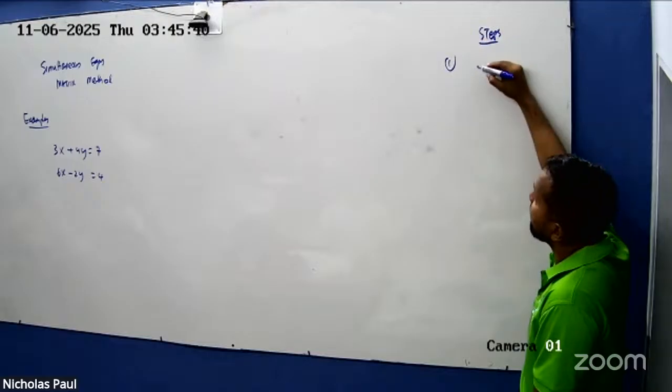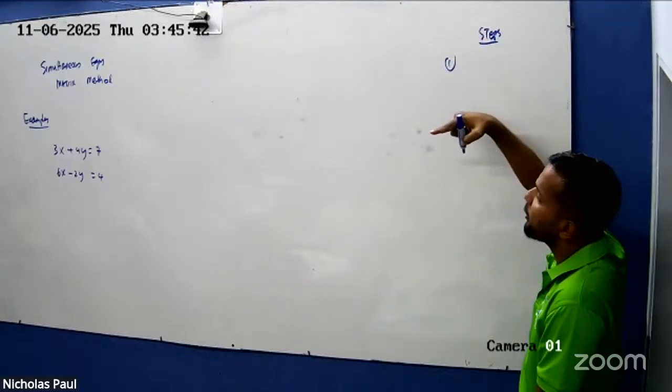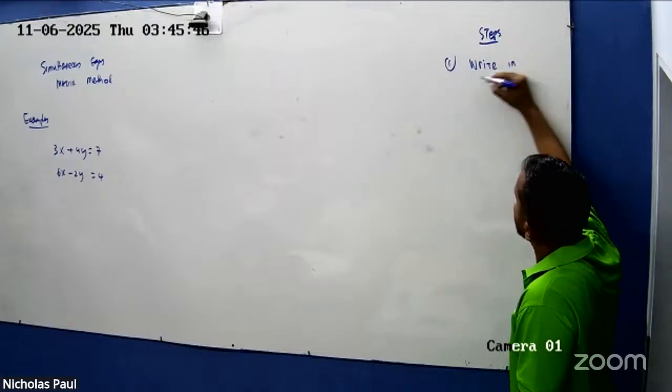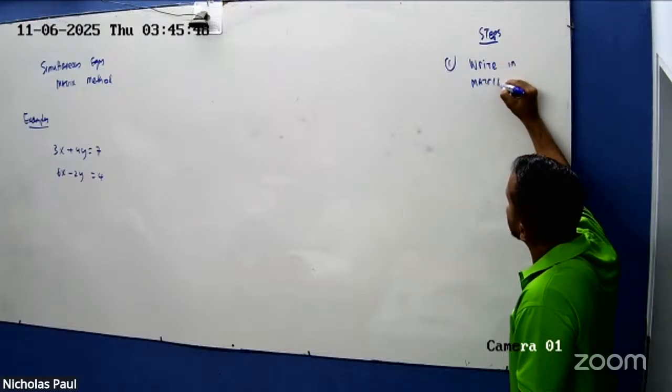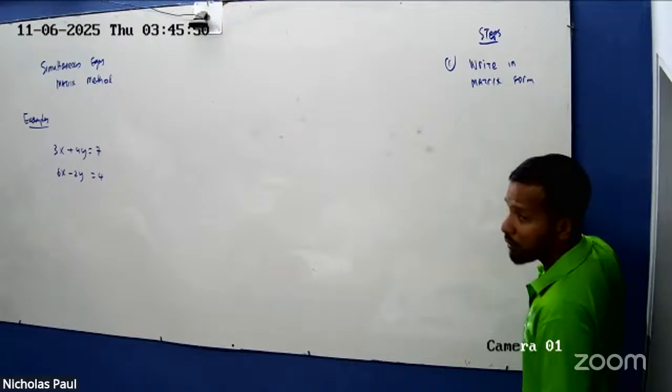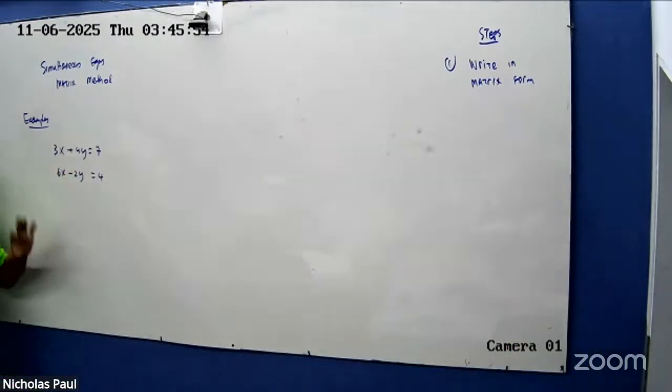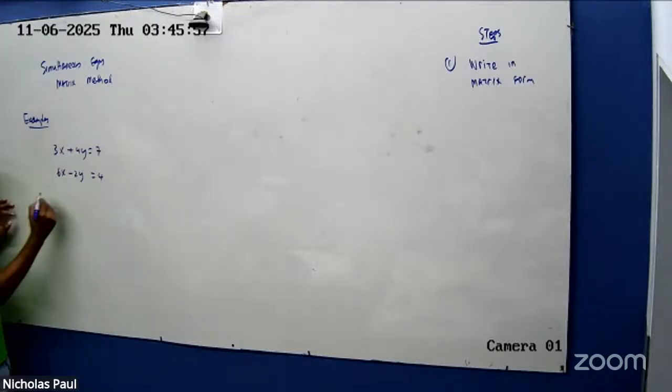The first thing we do is we take the equation and we write it in matrix form, right? What does that mean? It means that I have to get rid of this and put it in rows and columns. So here's what you do.